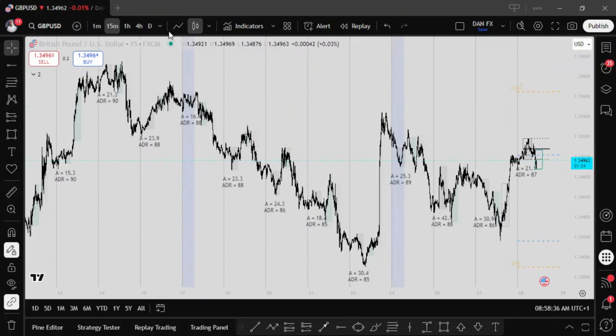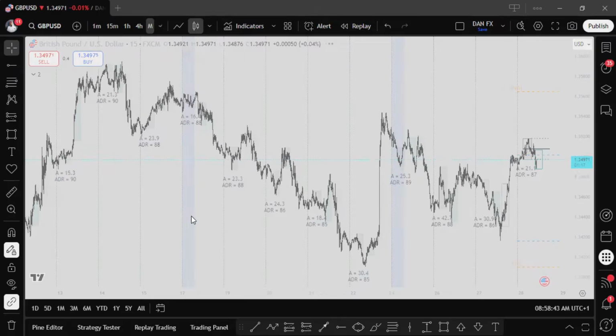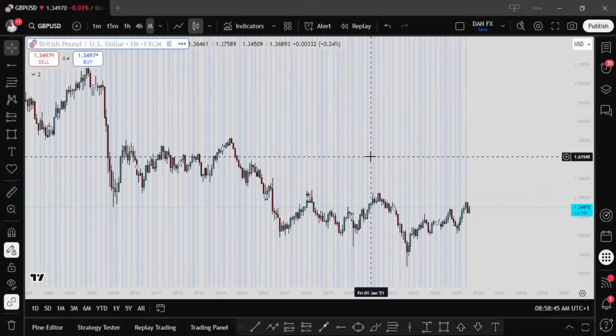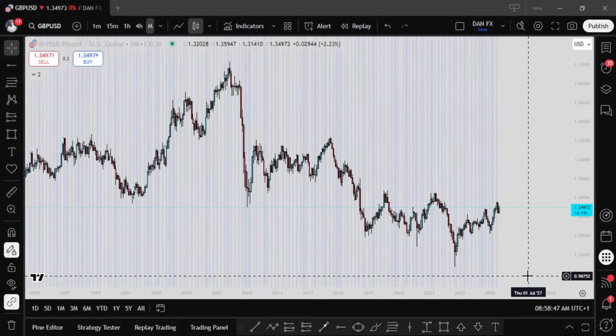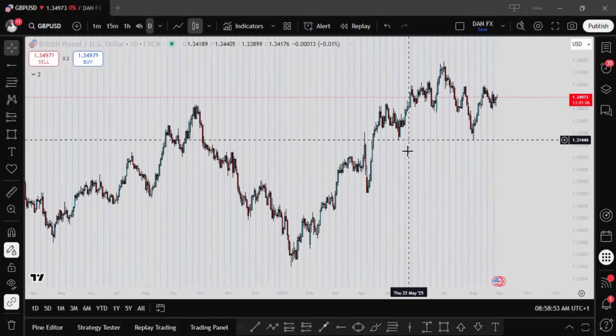The reason you're going to get confused is because the time frames are going to give you different trends. For example, on the monthly time frame, you can see you're in a downtrend. If you go on the daily, you're in an uptrend.